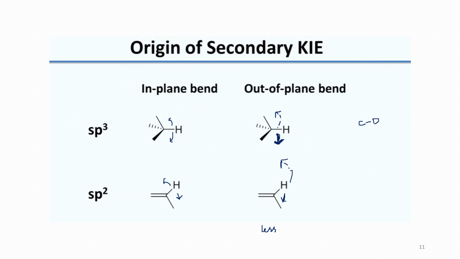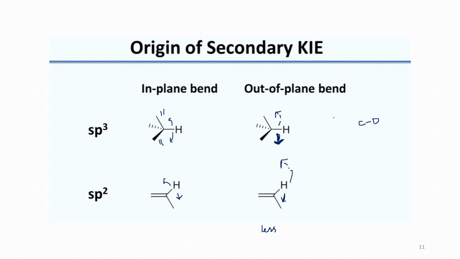what will happen? During this type of bending there is steric hindrance between the other bonds. But in case of a CD bond, due to the shorter length of the bond, the bending will be less.